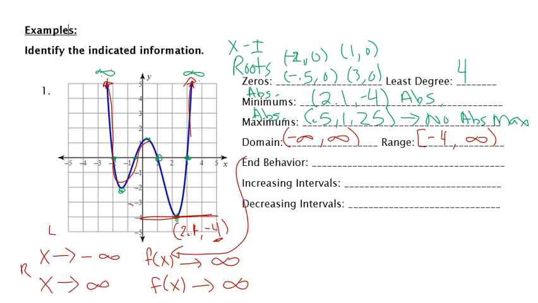And then finally, increasing and decreasing intervals. If we look at this, it's basically when is it going up in a positive direction or going down. So if I label my graph, and I'm going to label this point right here.